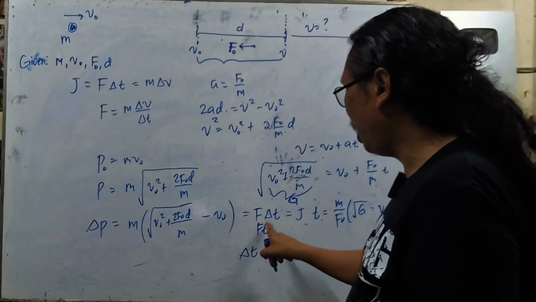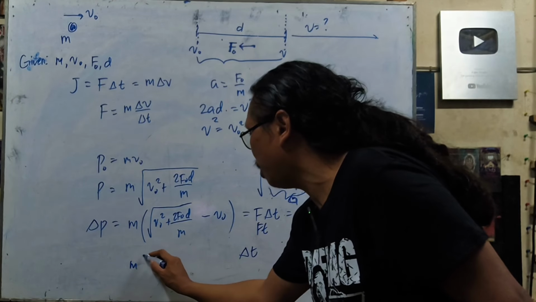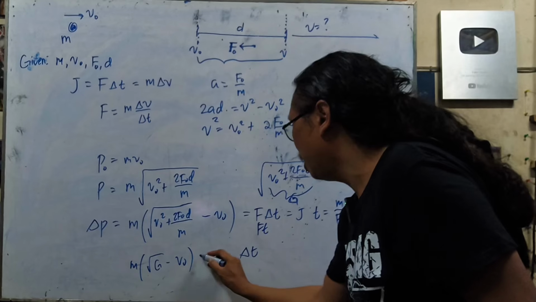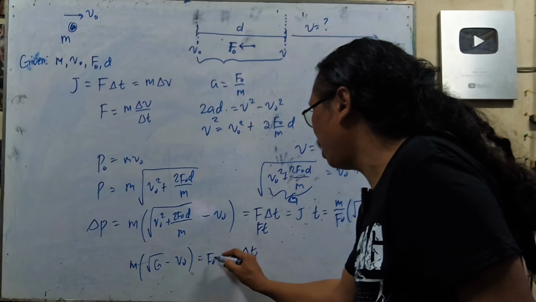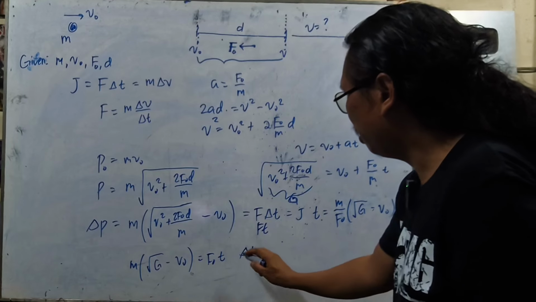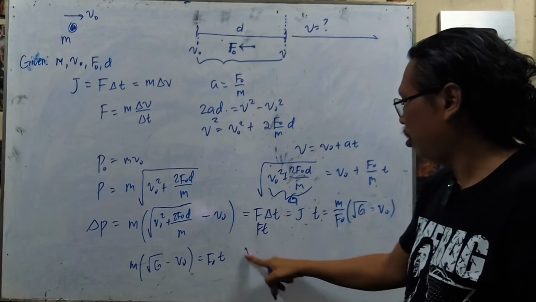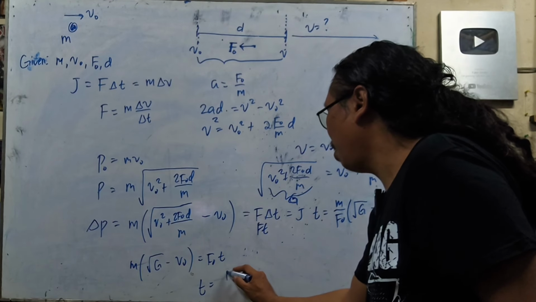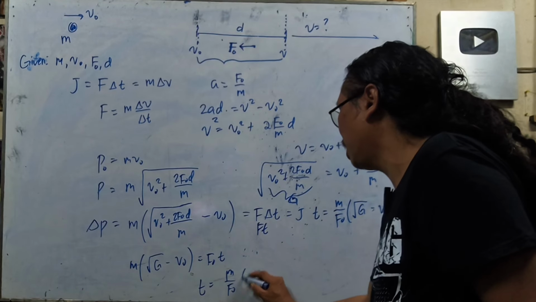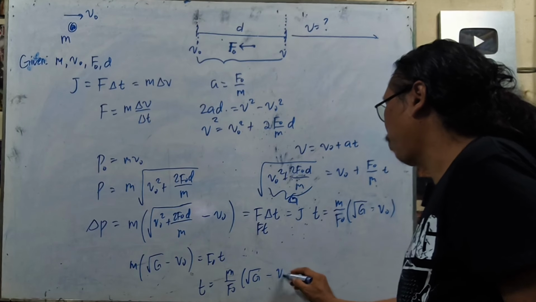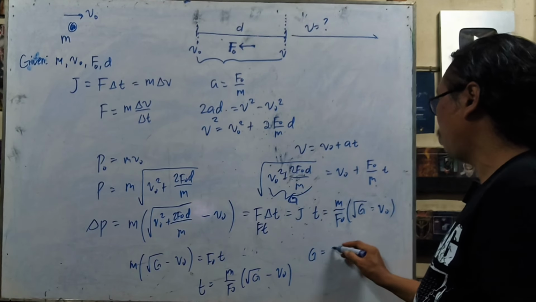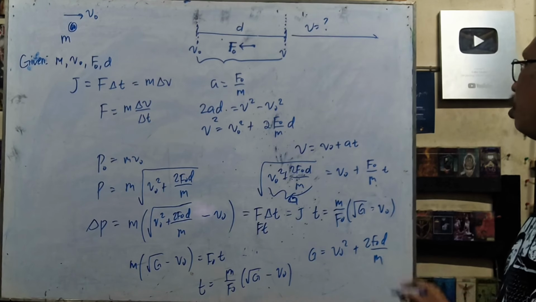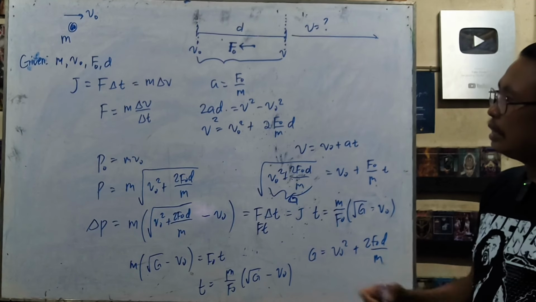This is just equal to M times the square root of G minus V naught equals F naught T. So T is again M over F naught times the square root of G minus V naught, where G is equal to V naught squared plus 2 F naught D over M. And we get the same.